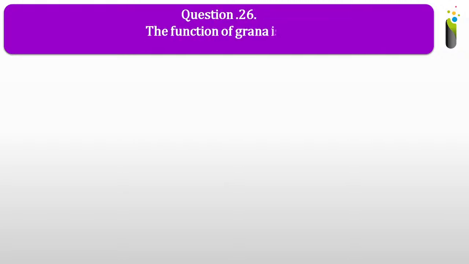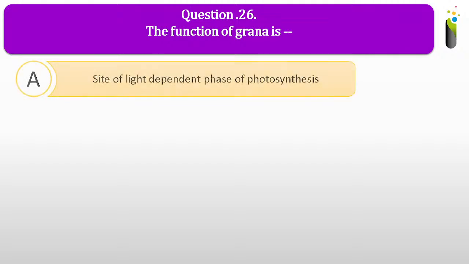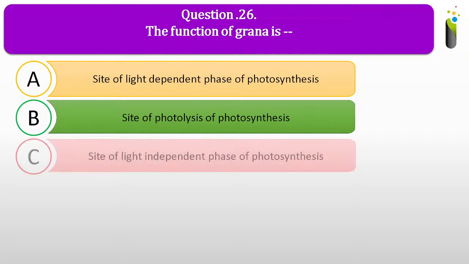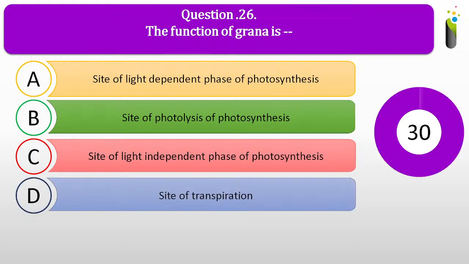Question number 26. The function of grana is dash. A. Site of light dependent phase of photosynthesis. B. Site of photolysis of photosynthesis. C. Site of light independent phase of photosynthesis. D. Site of transpiration.